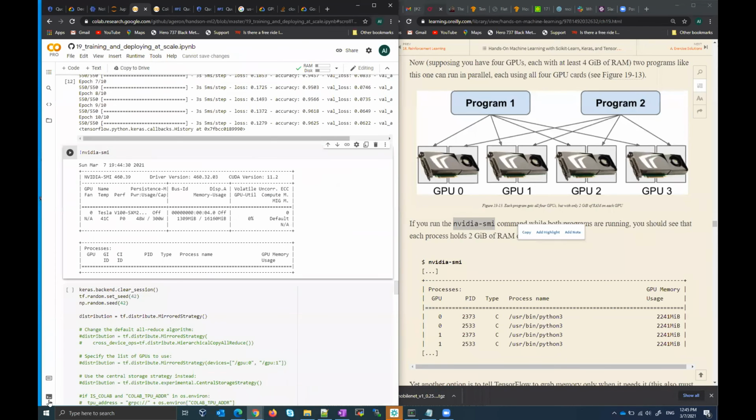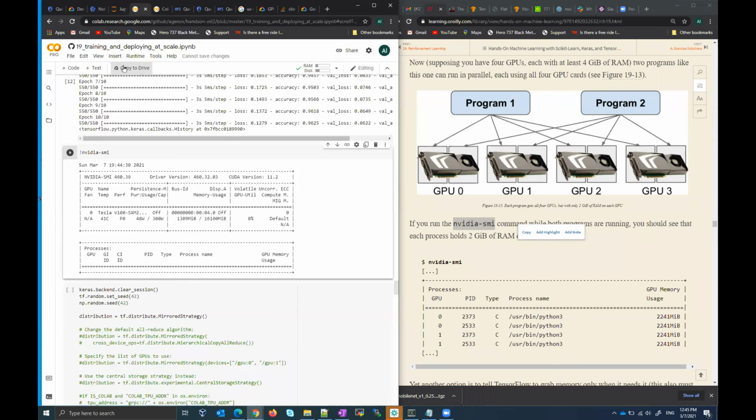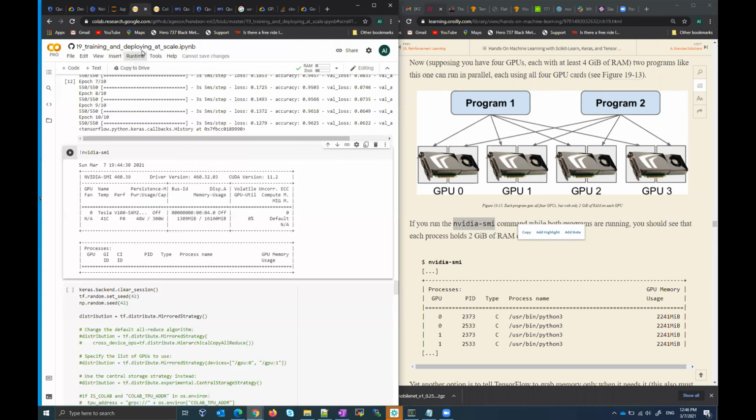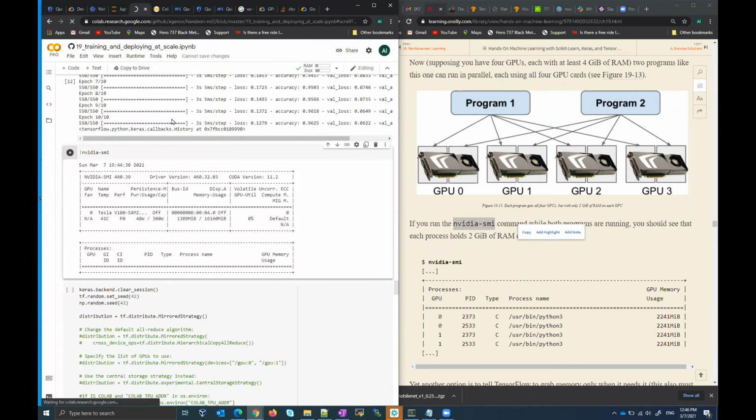Have you subscribed? Yeah, I did, during our reading session. I subscribed to Colab Pro. You can reload, right? That will reload. Okay. Let me do a bigger reload of this. The page. Yeah, let's reload the page.